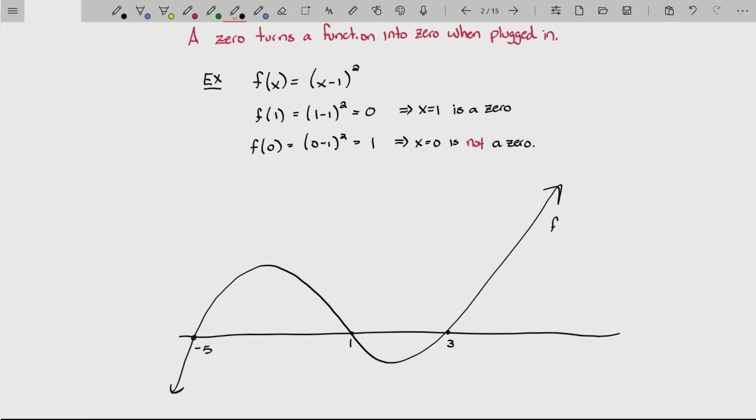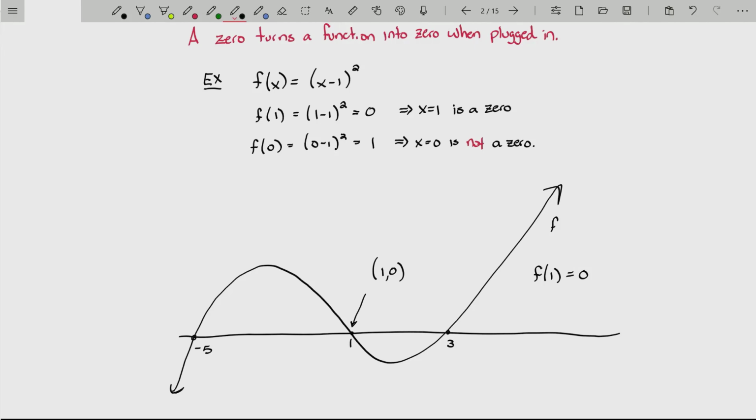I hope you would agree that f evaluated at 1 for this curve that I've drawn out here should be 0. Because, again, when I plug 1 in, I get out 0, a y value of 0. So when I tell you we have a 0 at -5, 1, and 3, I'm also telling you the graph of our function has x-intercepts at -5, 1, and 3.